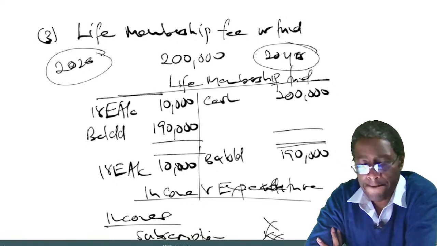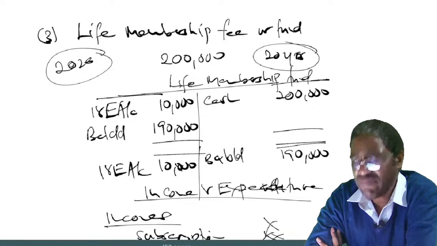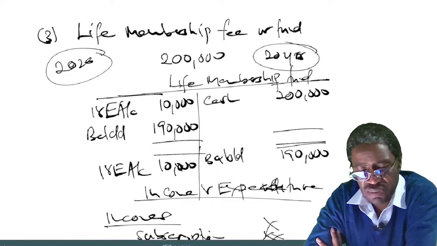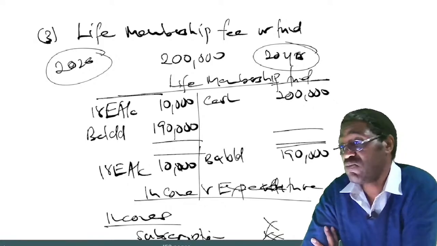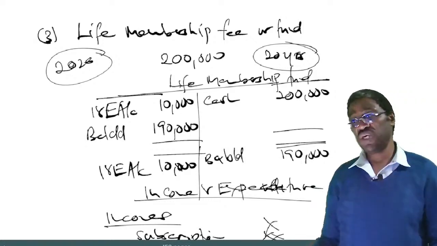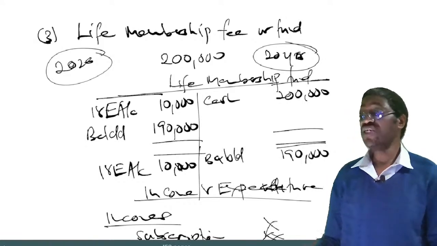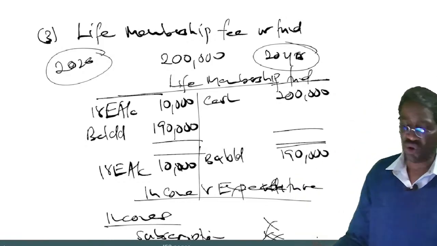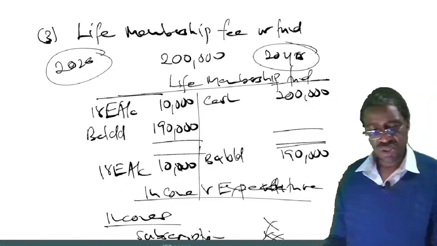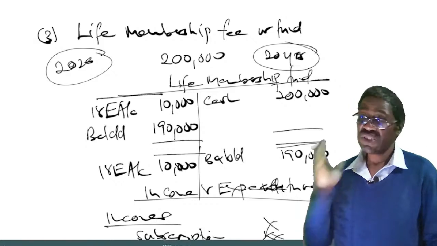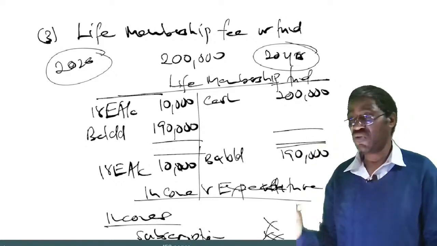Then you say this: This is an amount received from members who intend to enjoy the services of a club for a long period of time, or for the rest of their lives.